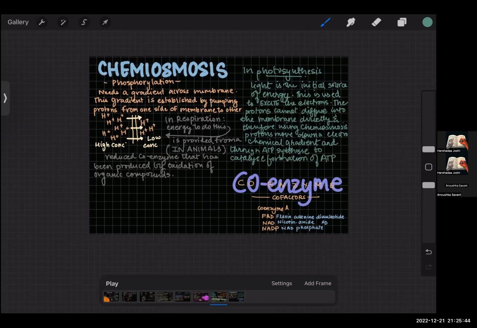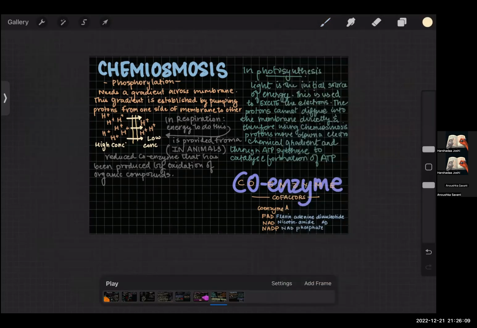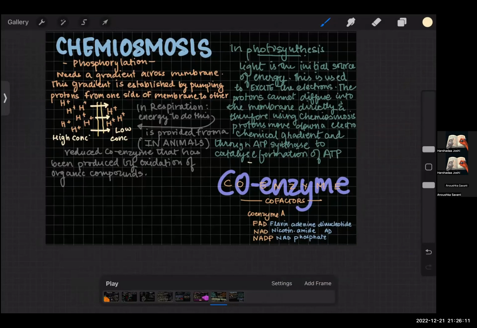Okay, this is a very important thing for you to remember. And you also have to remember the structure of ATP synthase. It is a very important molecule for us. And if we remember what it looks like, we are going to have a much easier time trying to identify this whenever it is given in your chemical reactions.